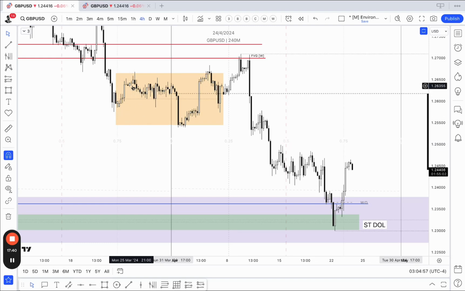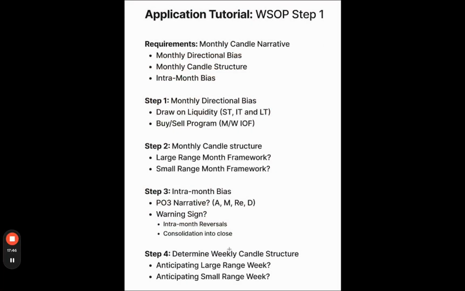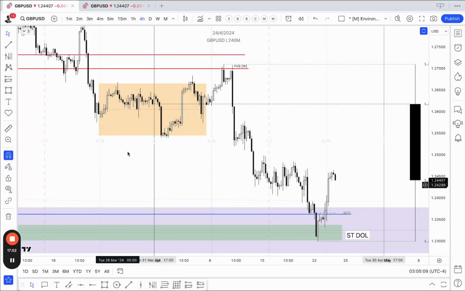So you can see this is just a big consolidation period. If the intra-month says we're consolidating, you don't want to be calling for range expansions at the closing of a candle or at the start of a candle, unless holistically it's ready to do so, and we'll get into that with many case studies.